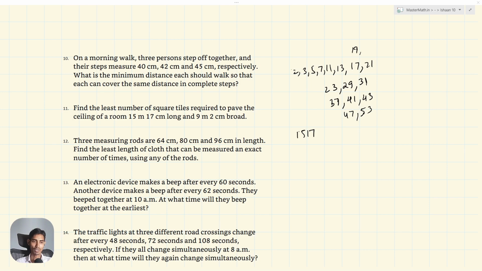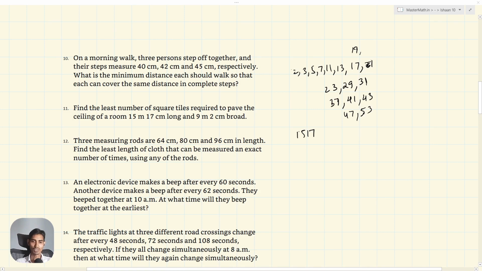Okay, 17 you tried. 71, 17, sorry. 21 is not prime, 7 into 3. 23, let's see. It's not.